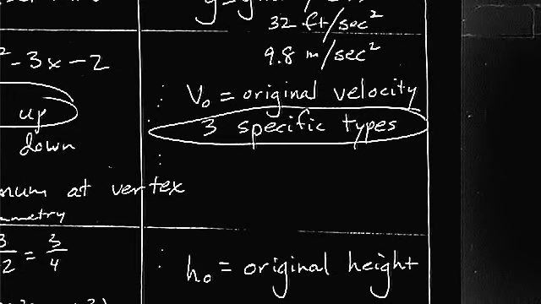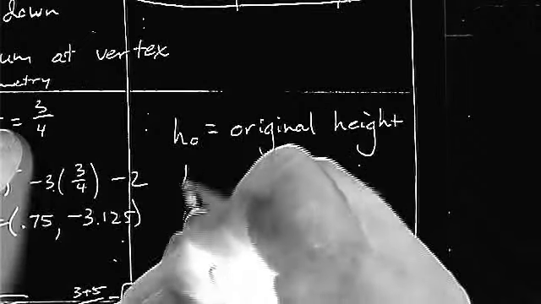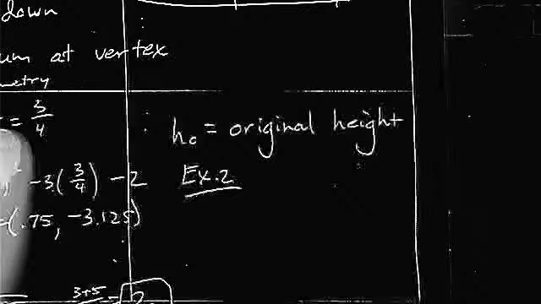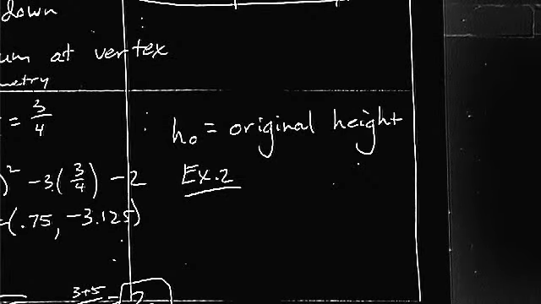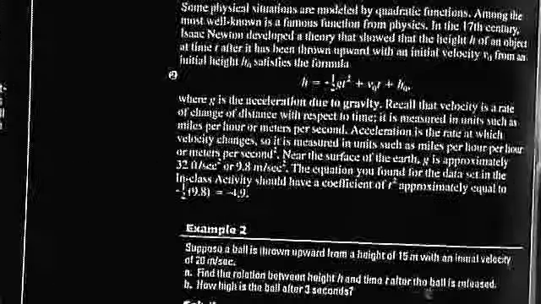So when we start out a problem, such as, let's say example 2. Example 2 says, suppose a ball is thrown upward from a height of 15 meters with an initial velocity of 20 meters per second. Okay? Let's see if I can get this on screen for you to take a look at.